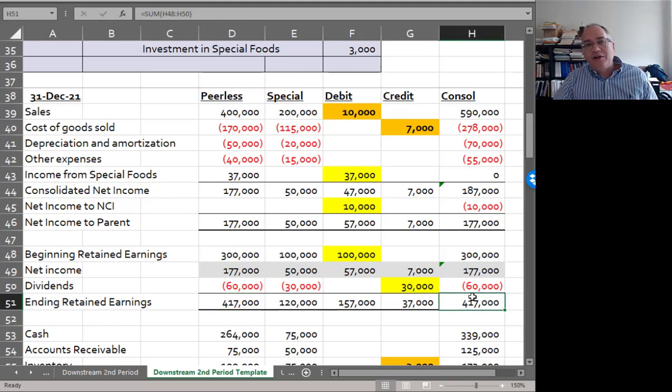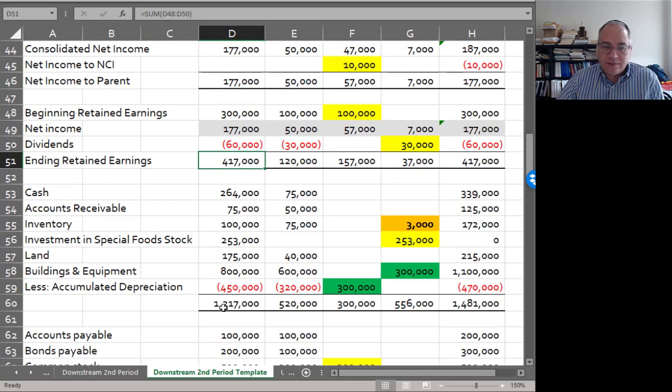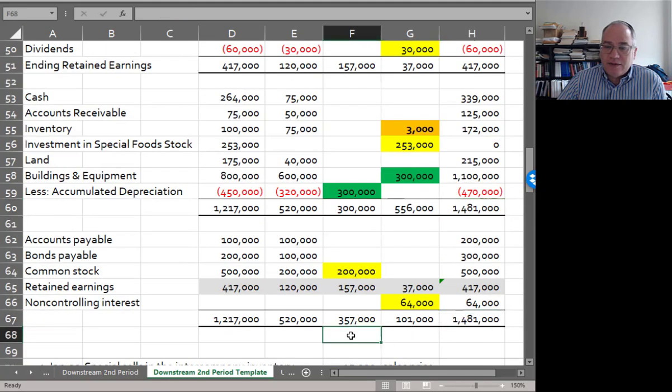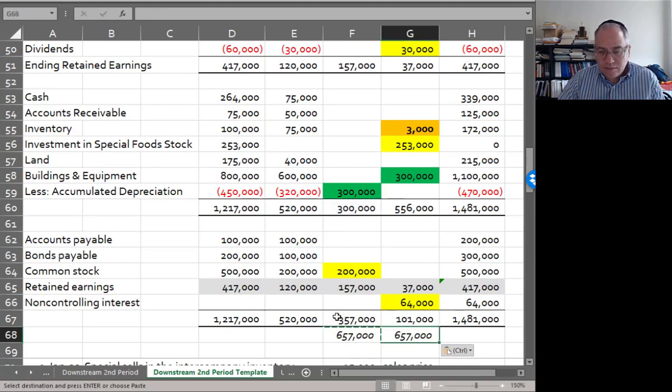And again, you could use it another way, but it's nice to know what your consolidated net income is, and it's also nice to know what ending retained earnings is simply by looking on the books of the parent. And assets equals total liabilities. If you add up debits and credits on the balance sheet, they should be equal. There you go.